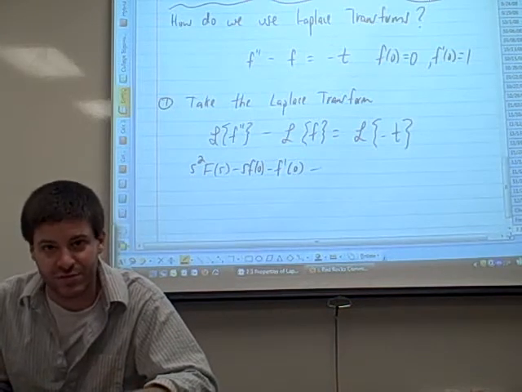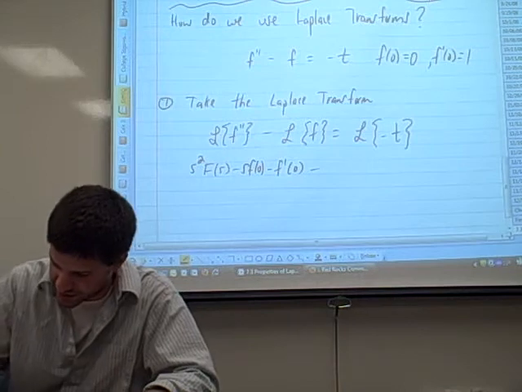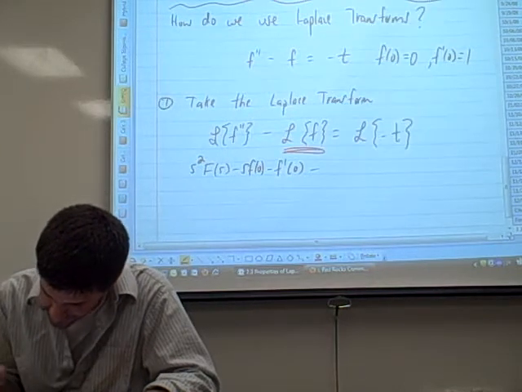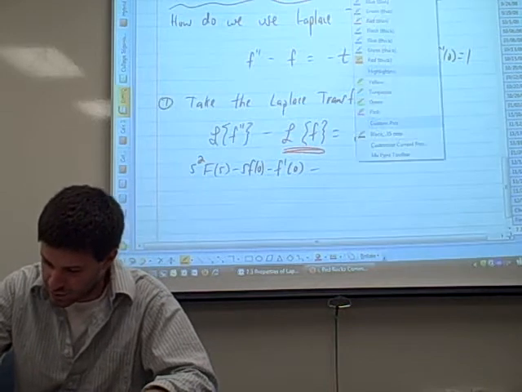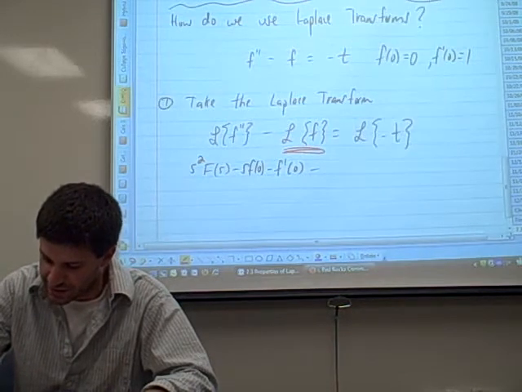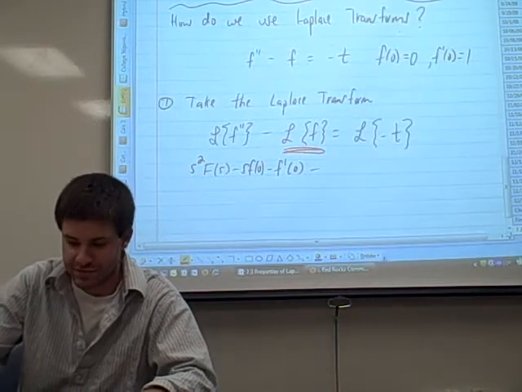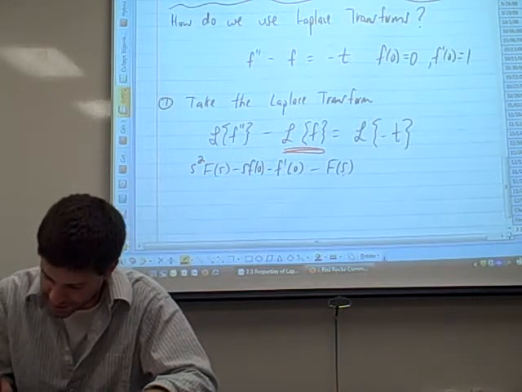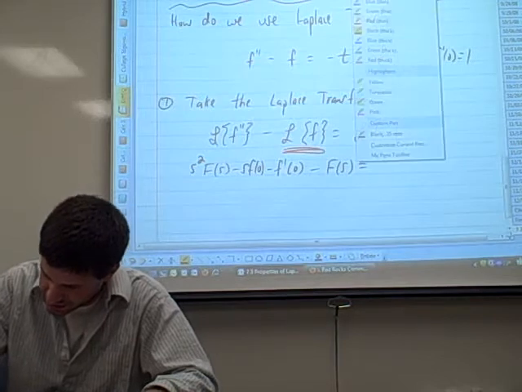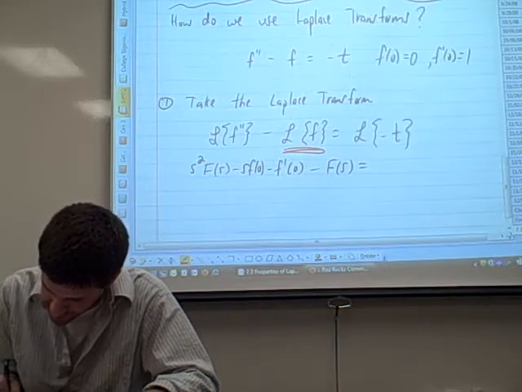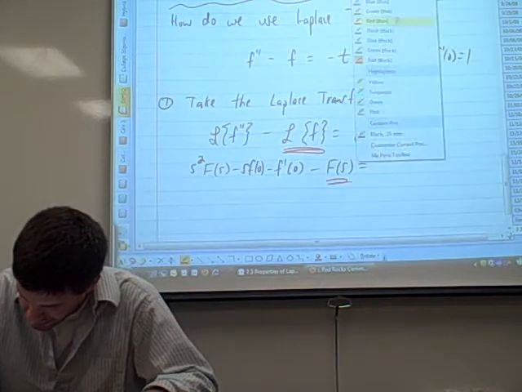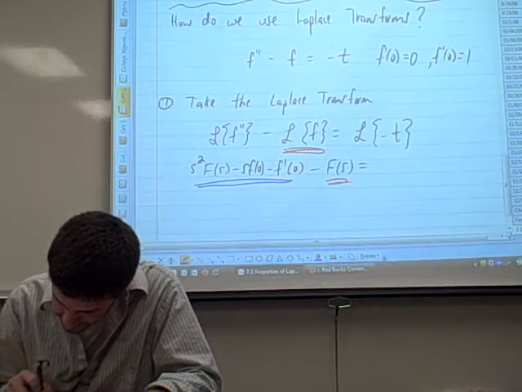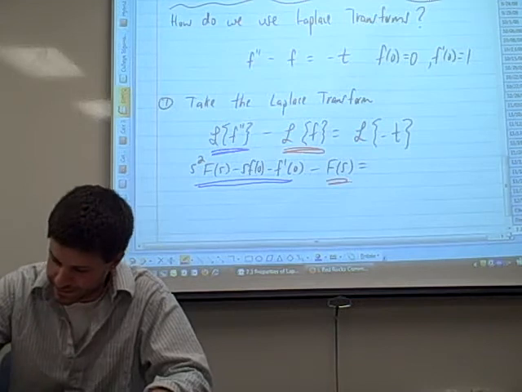Now the Laplace transform of f is this next piece right here. We just use a different notation for that. The Laplace transform of f, we can also just write as a capital F of s. So that piece is the same as that piece. And this whole thing is that Laplace transform right there.